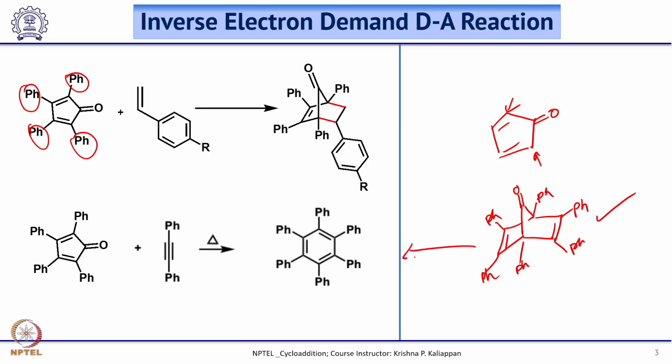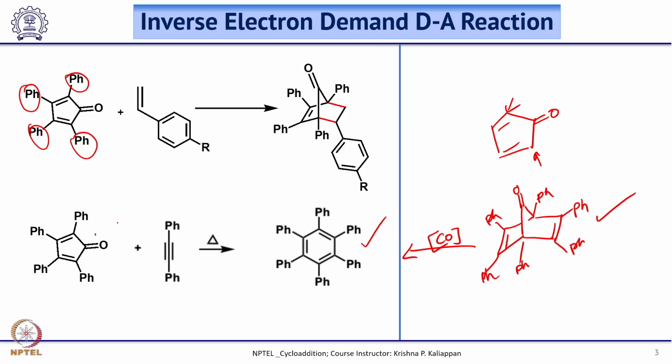This upon extrusion of carbon monoxide, okay, this is called chelotropic elimination, gives the hexaphenyl benzene. Otherwise, this is not that easy to prepare. So in one step one can easily prepare this compound.